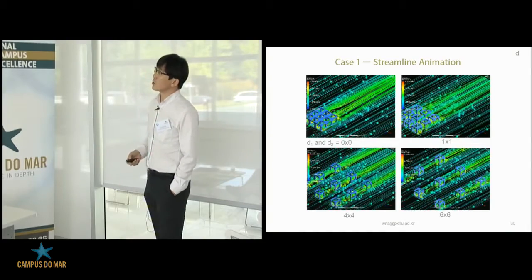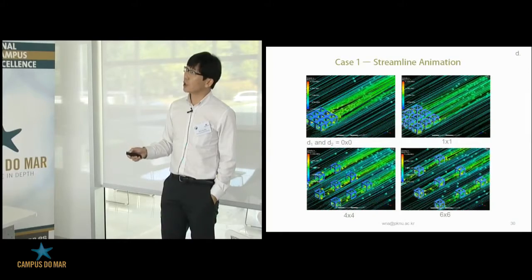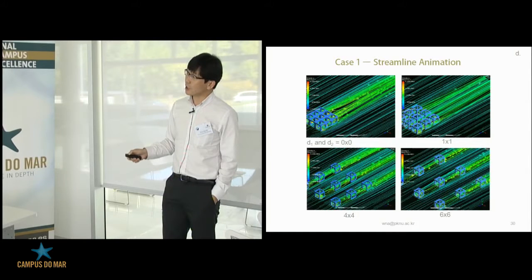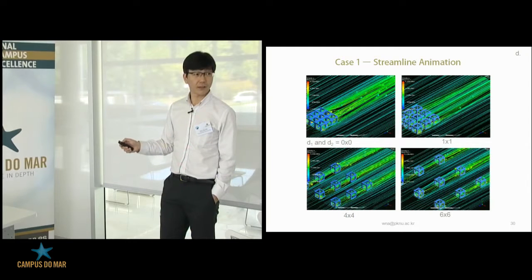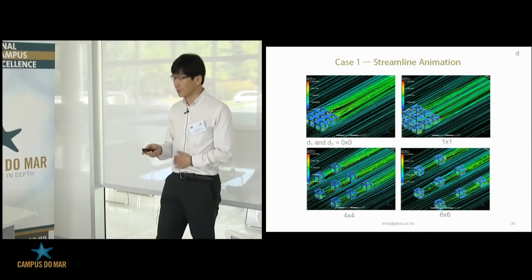And this one also shows an animation of how the water flows through the set. As you see in this case, if the transverse interval is too big, the water just passes by. So it doesn't help the wake region.